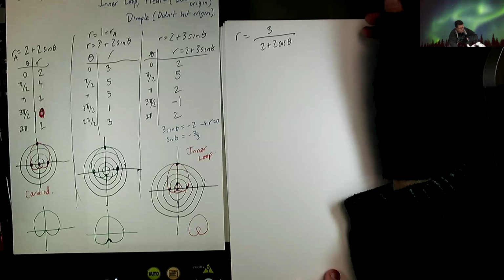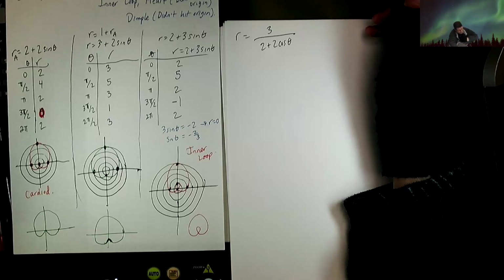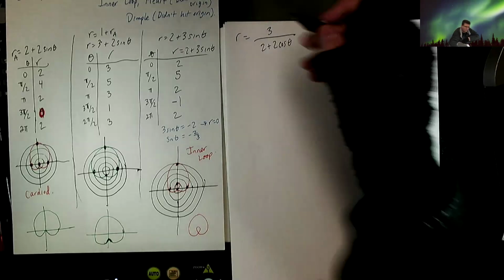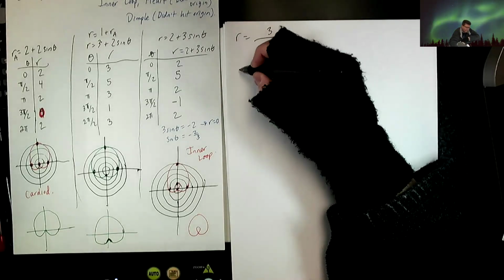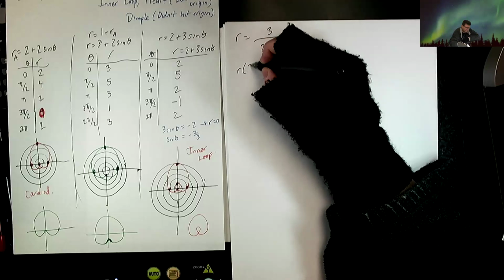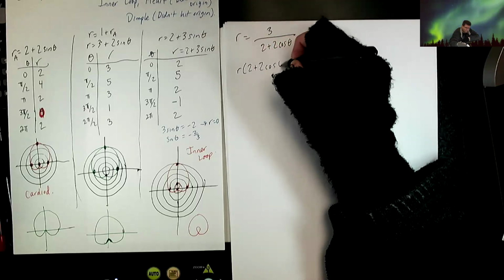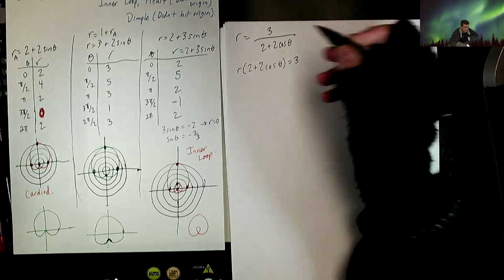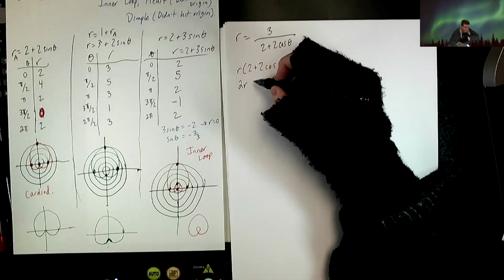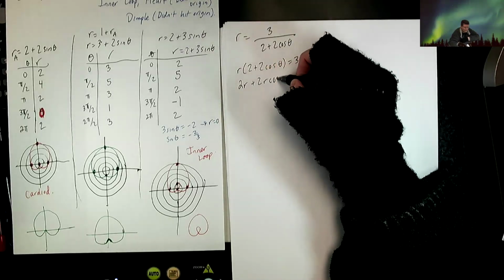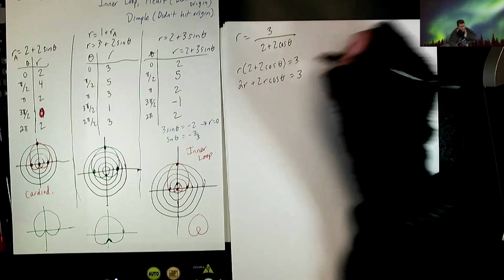So practicing switching to x and y is helpful, just because sometimes it's easier to draw. So if we cleared fractions, I get 2r plus 2r cosine theta equals 3.